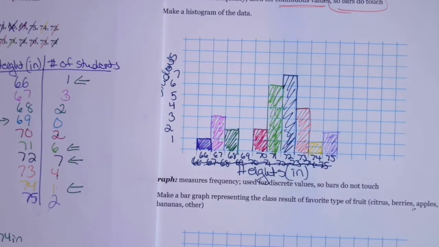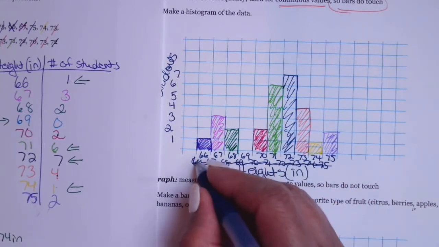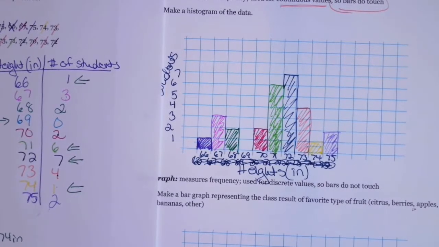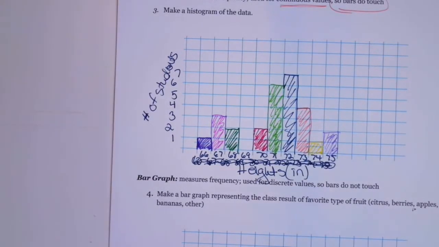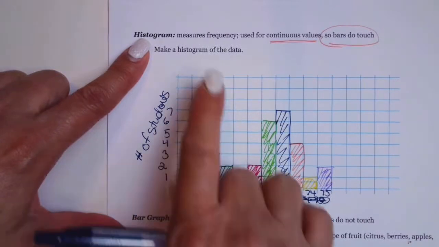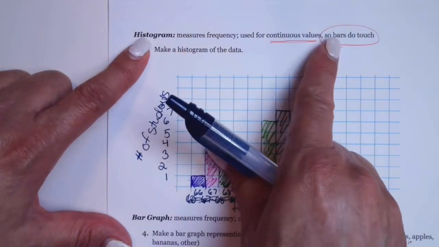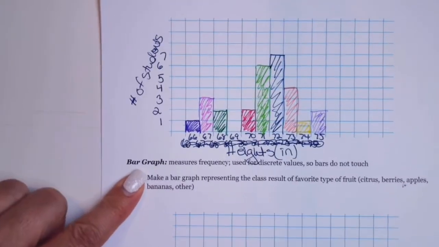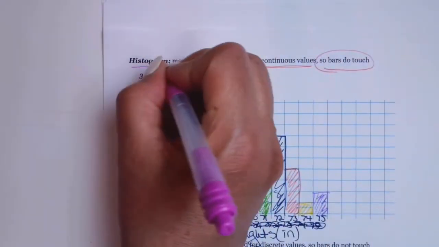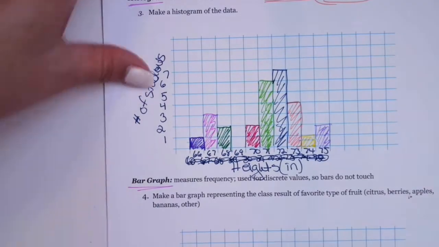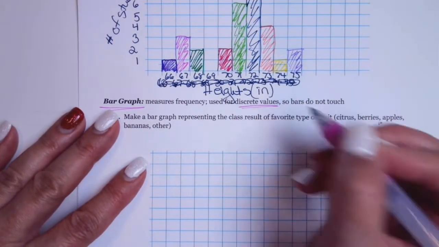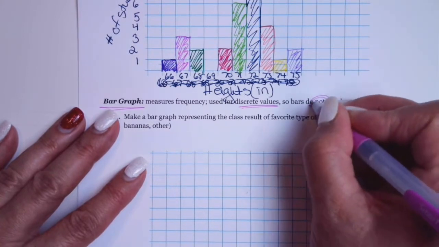So there's our histogram. Again, a histogram is for continuous values, so bars do touch. We have another one, which is called a bar graph. That measures frequency used for discrete values, so bars do not touch.